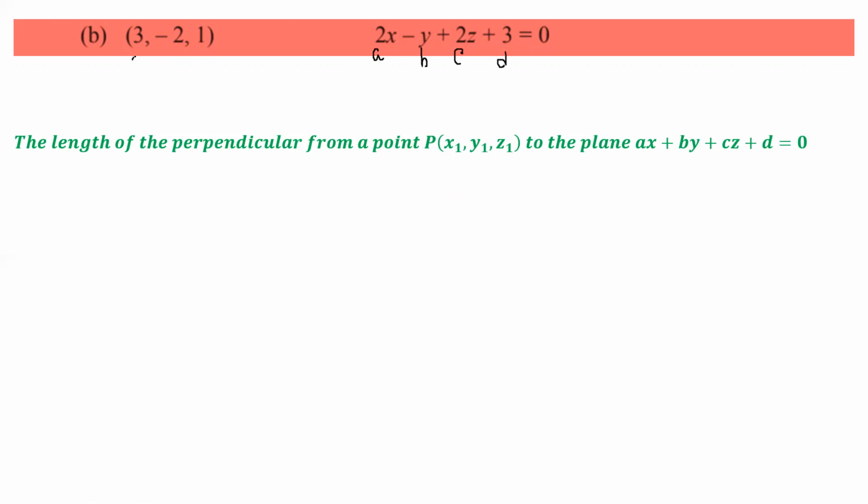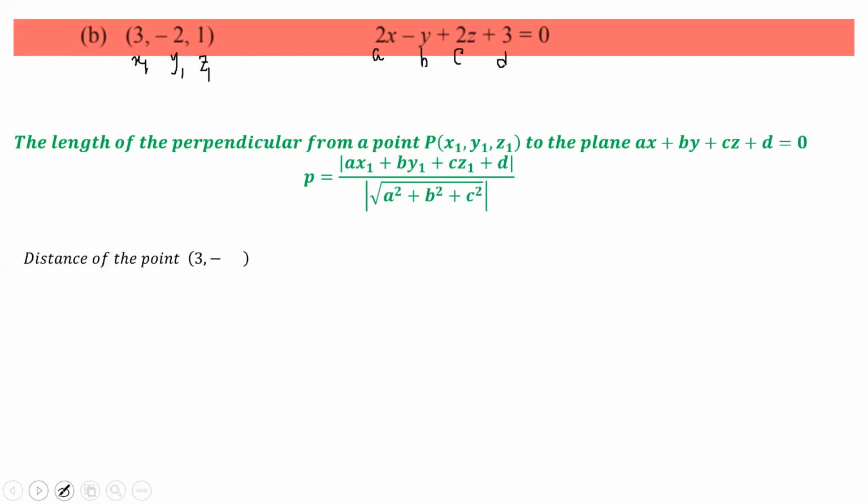And x1 is 3, y1 is minus 2 and z1 is 1. So the perpendicular distance from this point to the plane, you can easily write down, apply the formula and write it down.